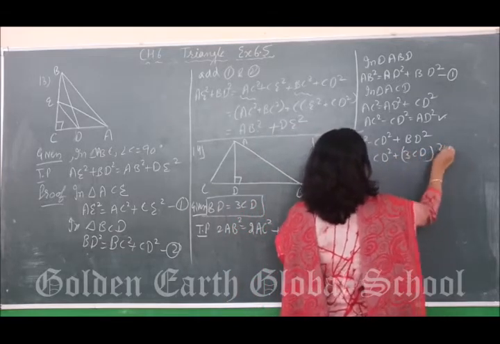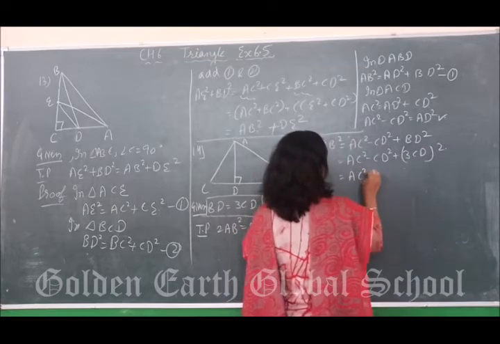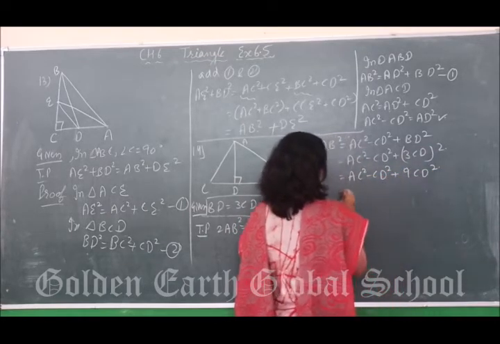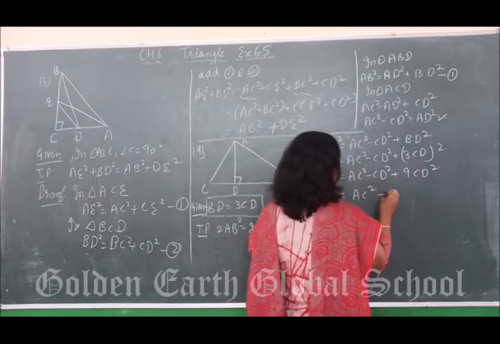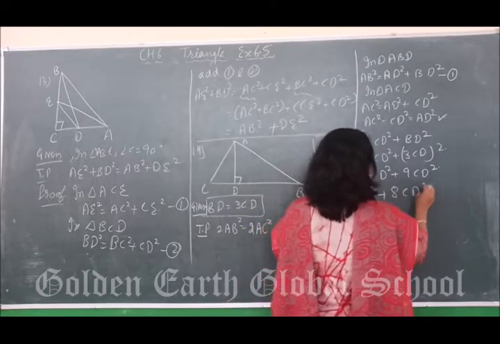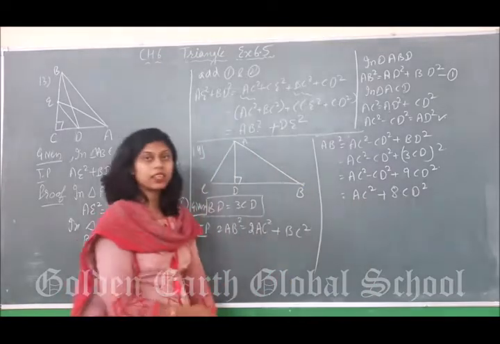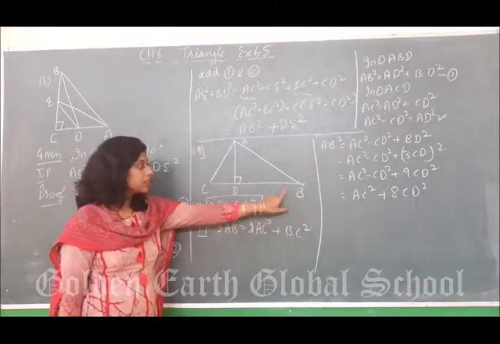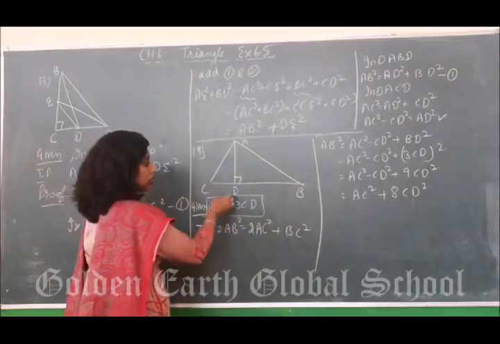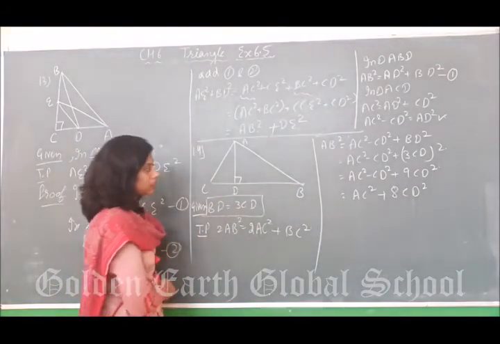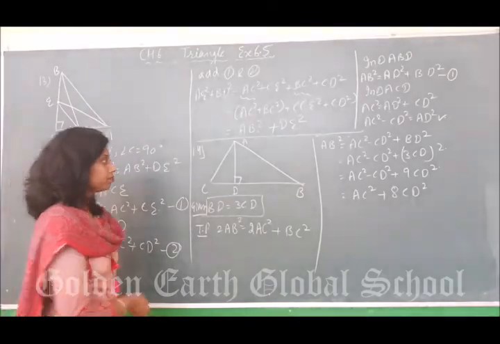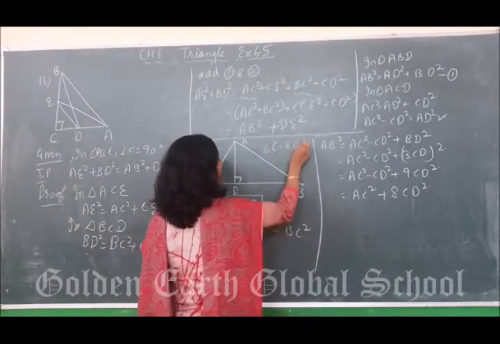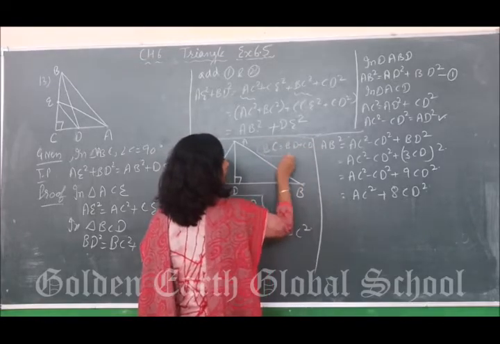So on solving we get 9CD square, 9CD square minus CD square is 8CD square. Clear? But we need BC. This BC is the addition of CD and BD. See, BC is BD plus CD.